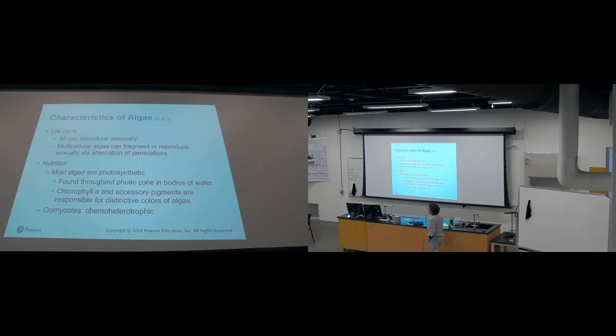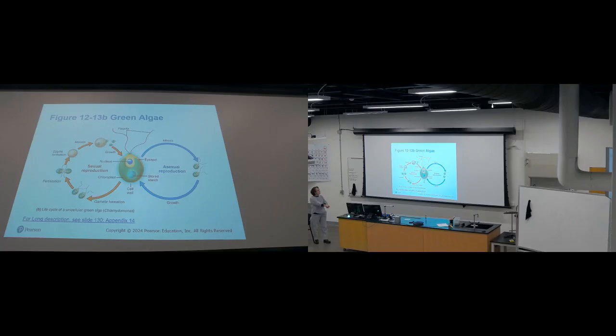And with this type of chlorophyll, they can form different colors of the algae. And then you have some algae that are chemoheterotrophic. In this case, you call it oomycotes.